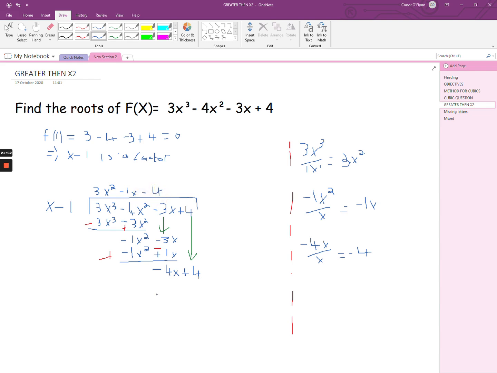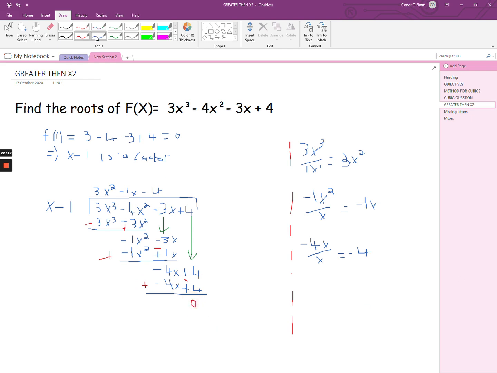Again, multiply back in, so minus 4 by x is minus 4x, and minus 4 times minus 1 is plus 4. Okay, and then change your signs and subtract, and I should get 0, and I do. So that's how you know you've done it right.